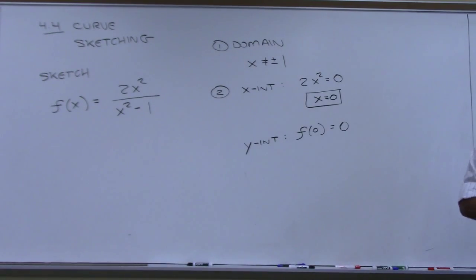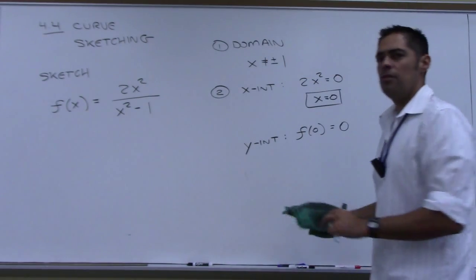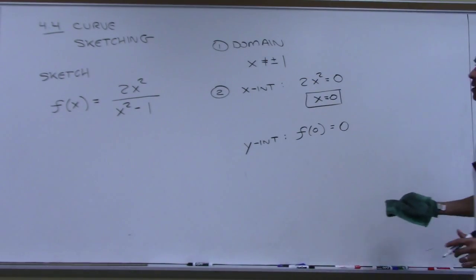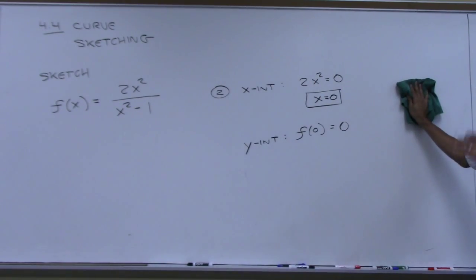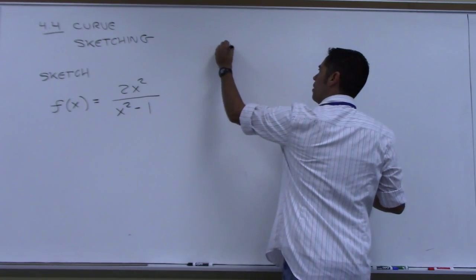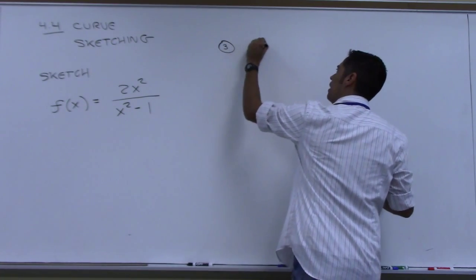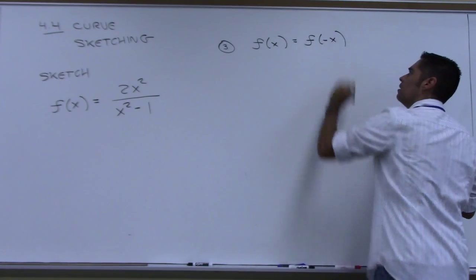How about symmetry? I'm not real big on symmetry, but are we going to have symmetry on this one? How could you check for symmetry? May I erase? Anyone need this? Okay. For symmetry, you could ask yourself this: is f of x equal to f of negative x?